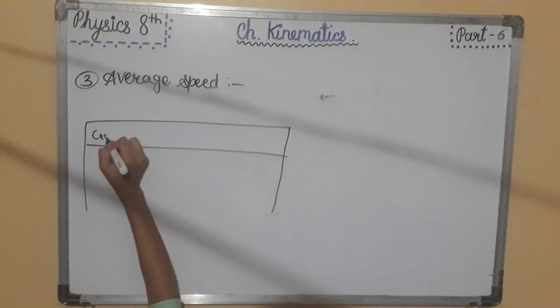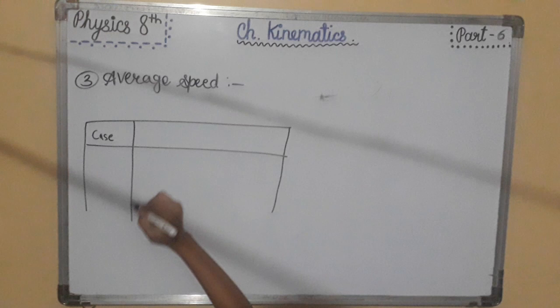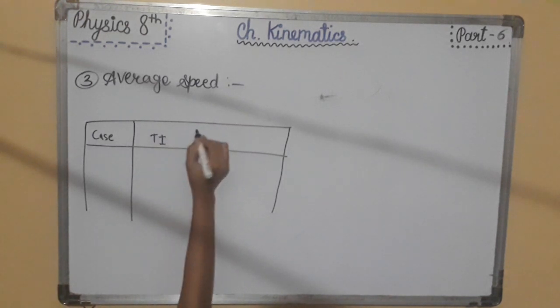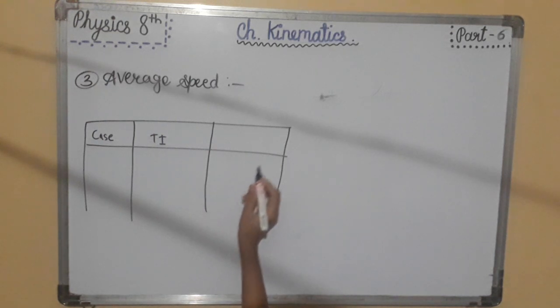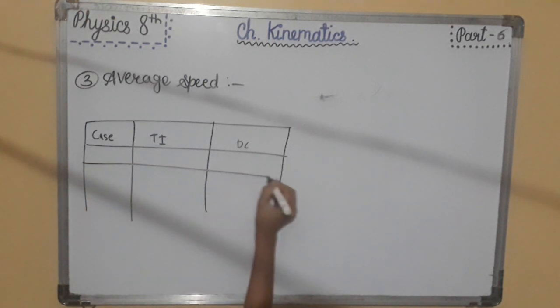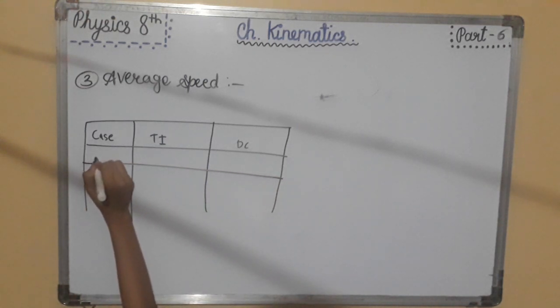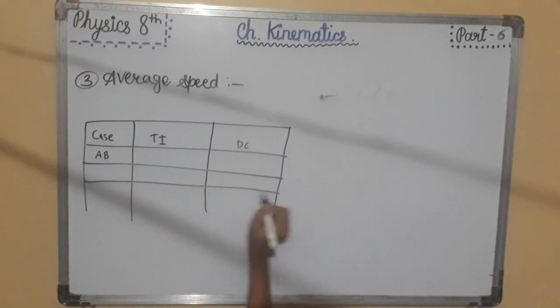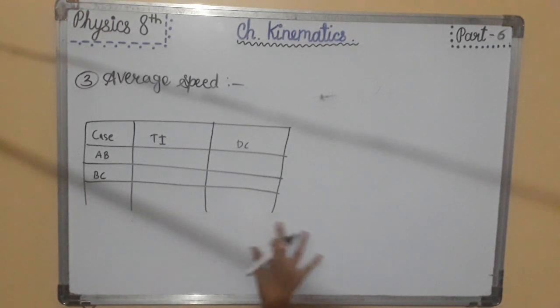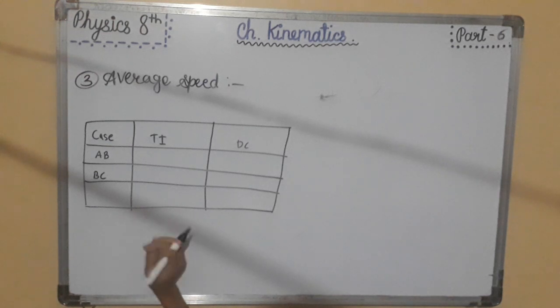Here is the case, the time interval, and the total distance covered, where the first case is AB, the second case is BC, and the third case is CD.